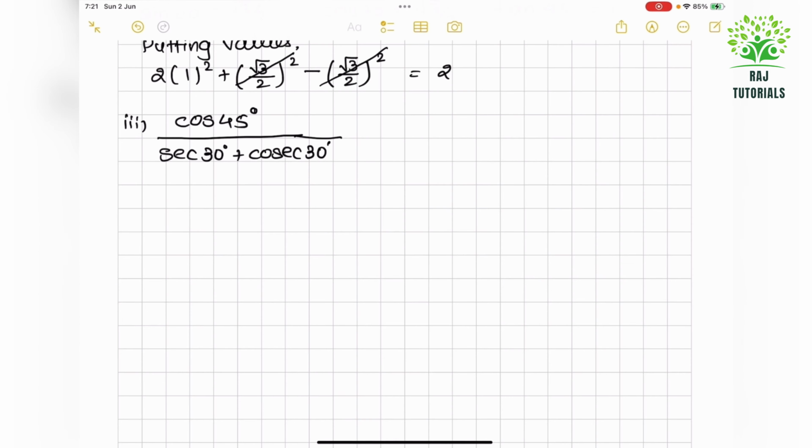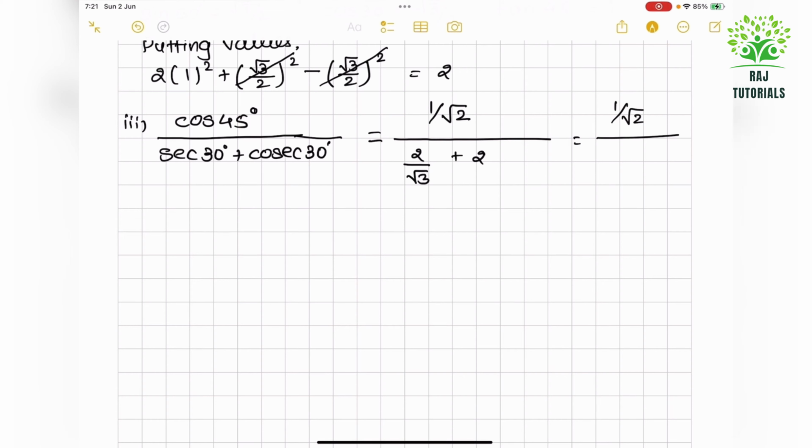Now third one says cos 45 upon sec 30 plus cosec 30. So putting the values, I will get 1 by root 2, as cos 45 is 1 by root 2. Now sec 30, so 2 by root 3, plus 2.